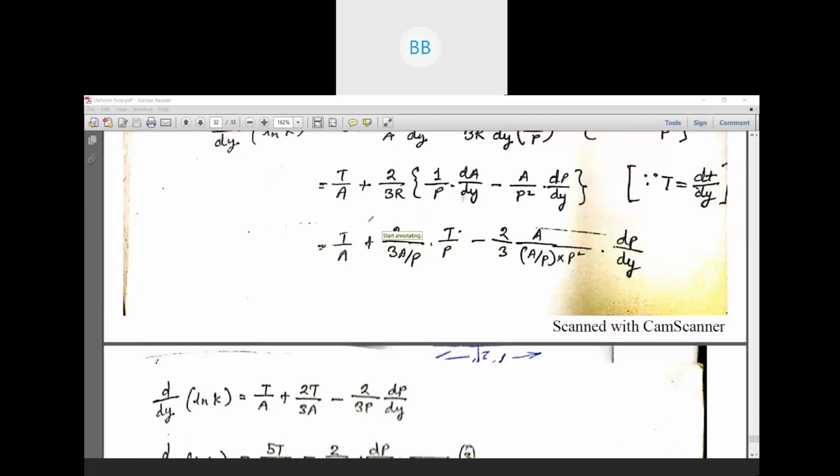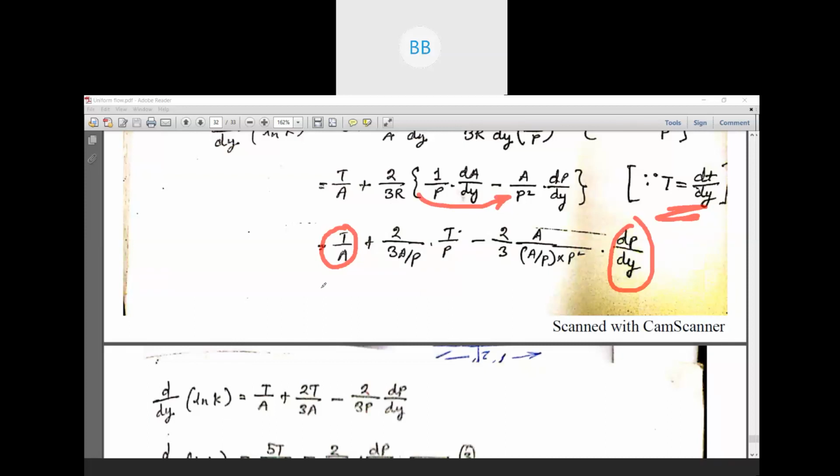The next line, T by A will be there, 2 by 3R, where R you can write as A by P, multiplied with this dA by dy, again we can write top width, so T by P. Again we have to multiply with this term 2 by 3R, again we write A by P. We have already A here and P squared dP by dy.